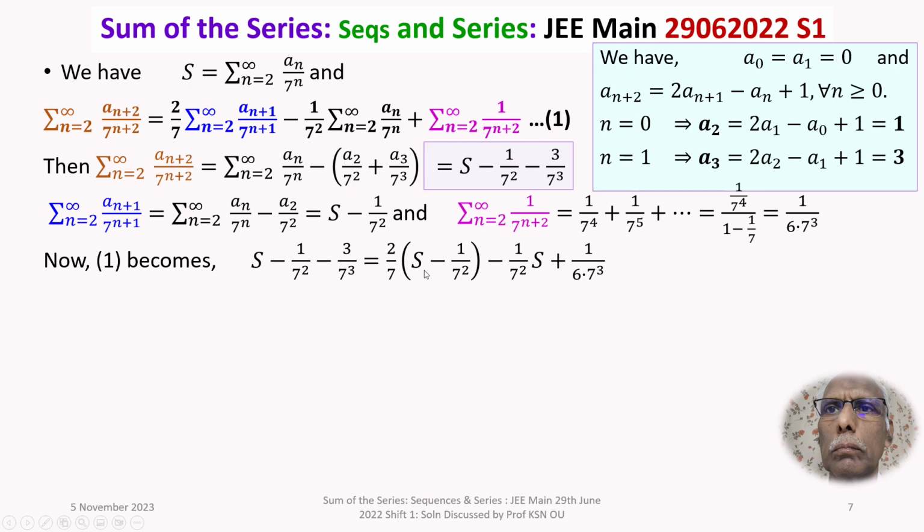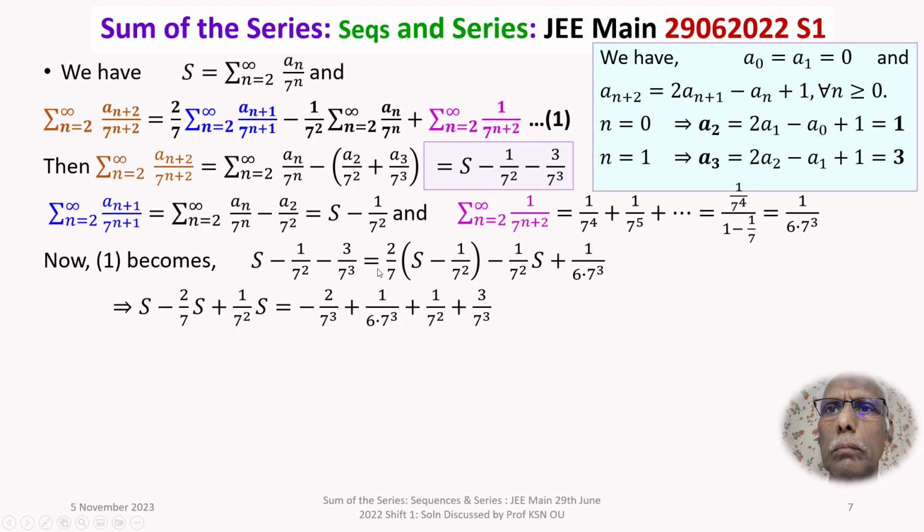And now segregate the terms containing S to one side. Let us take them to the left hand side. That will be S minus 2 by 7 S plus 1 by 7 square S, because we are taking them to the left hand side.